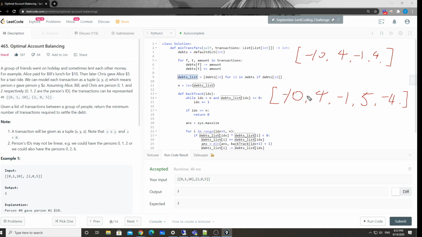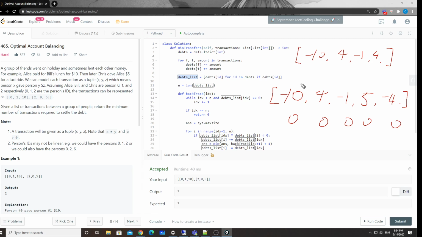And then we're asked to find the minimum transactions, so that after those minimum transactions, all the numbers in this array become 0, right? So this is the same problem as this one here.